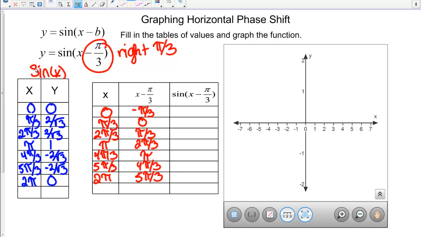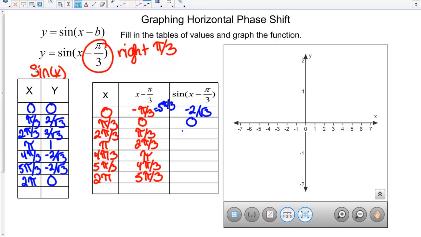Now we need to find sine of each of those. Remember that negative pi over 3 is the same thing as 5 pi over 3 on our unit circle. So we get negative 2 over square root of 3. At 0, we're at 0.